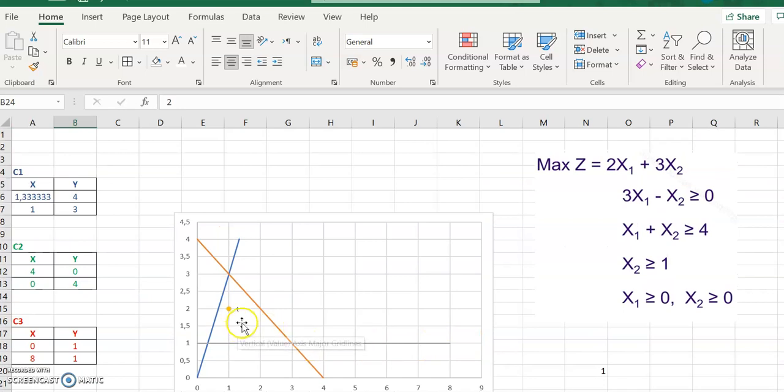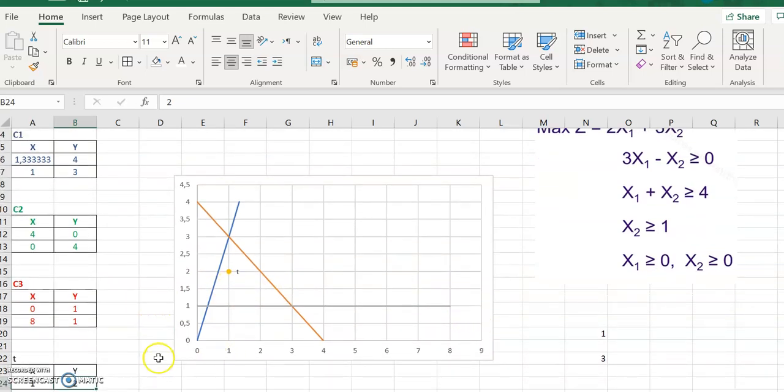To test whether or not it is contained in the area limited by this constraint, we just plug its coordinates into the constraint and see whether or not it's satisfied. So this is the constraint: 3x minus y greater than or equal to 0.